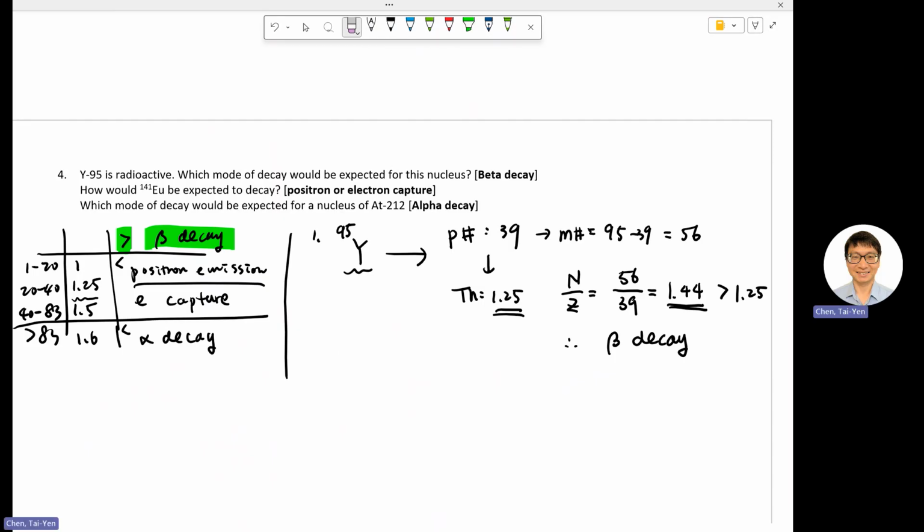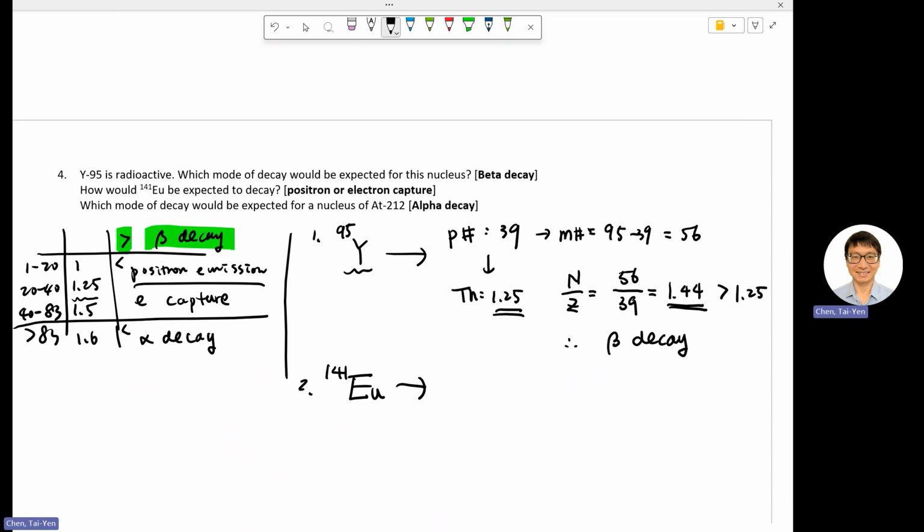The second one, Eu141. Of course, the first step is to find out the proton number of your Eu. 63.